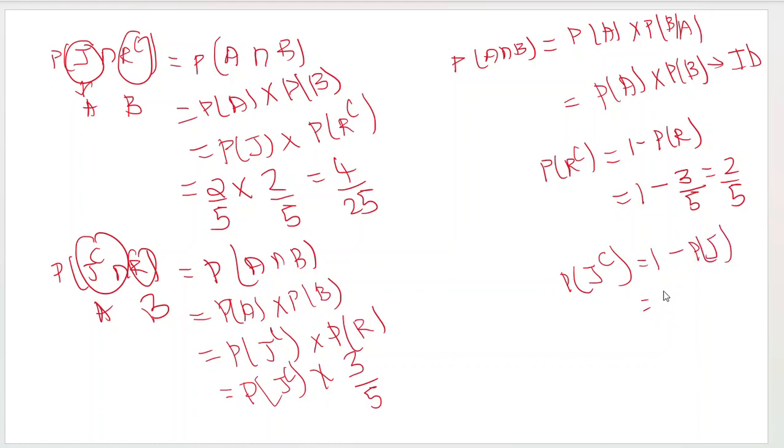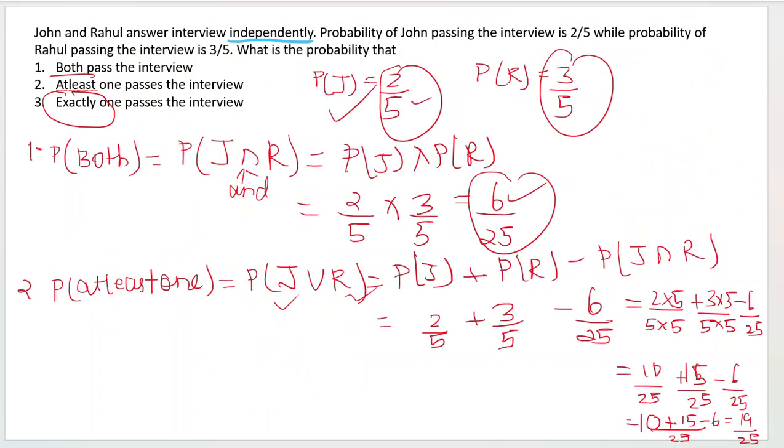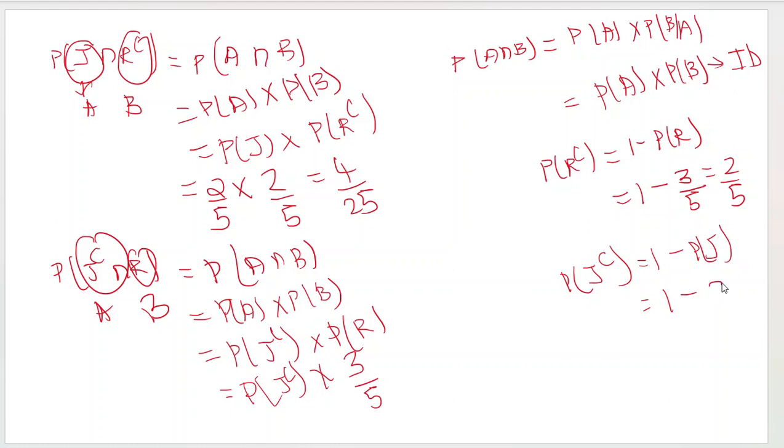So probability of J complement is 1 minus probability of J. Probability of J is given as 2 by 5. So this answer will be 3 upon 5. You have to use cross multiplication. You multiply by 5, you get 5 upon 5 minus 2 upon 5, which is 5 minus 2 upon 5.